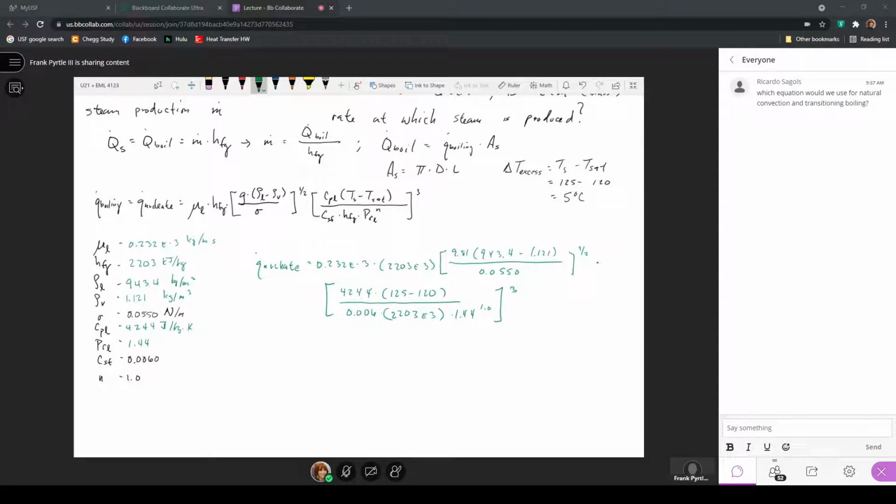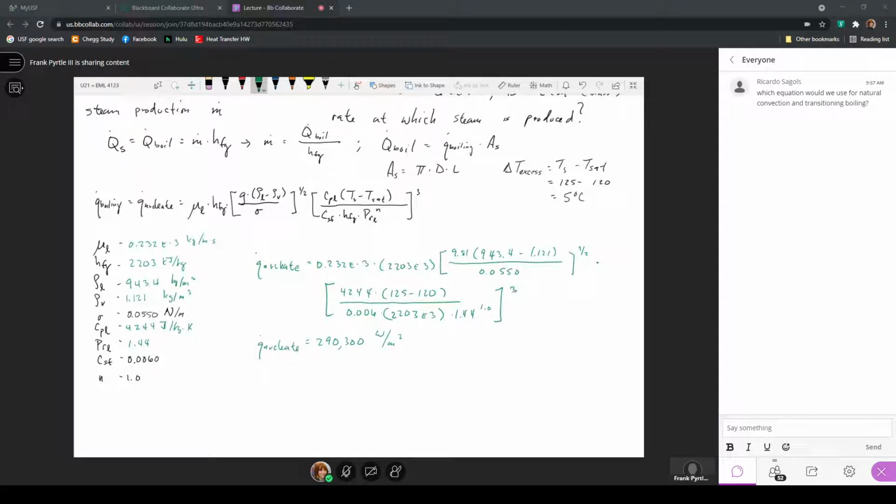So this expression, written with all of the quantities in basic units, allows us to determine what this heat flux is by boiling, particularly in the nucleate pool boiling regime. And here this should be about 290,300 watts per meter squared for this heat flux.